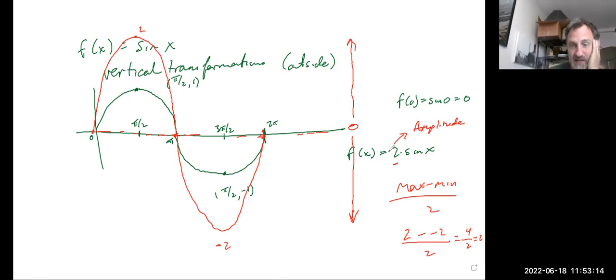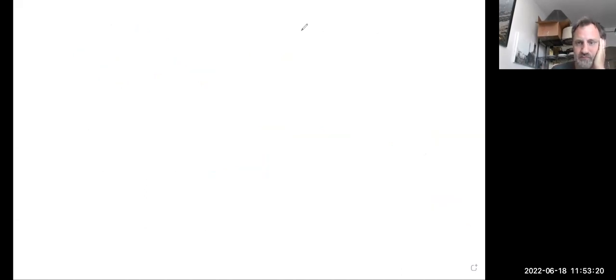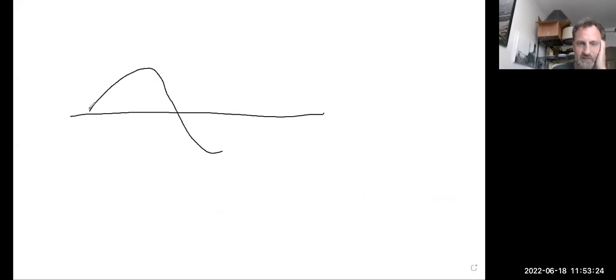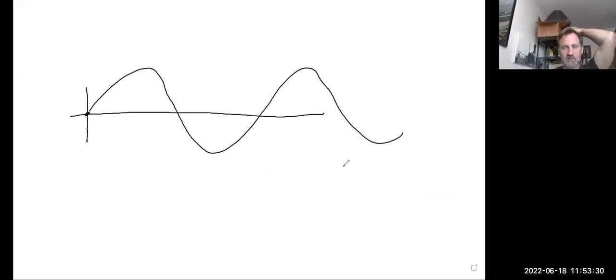If I stick a negative in front, then there's a different effect. Go ahead and clear this out. Okay, so I've got my sine wave starting at 0, 0. I'm going to use different colors here to signify.